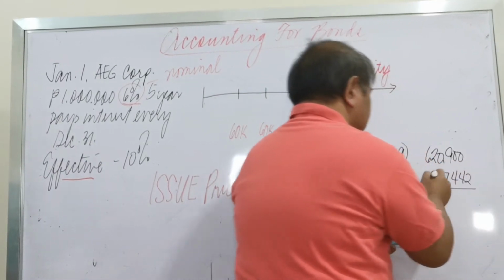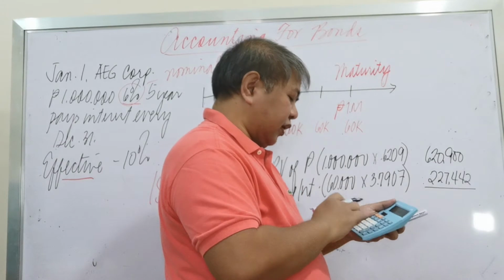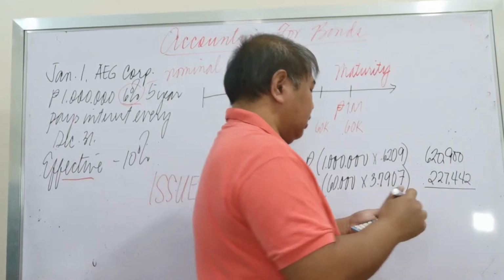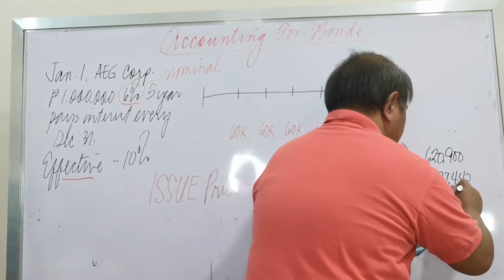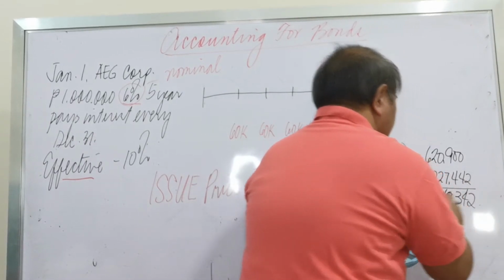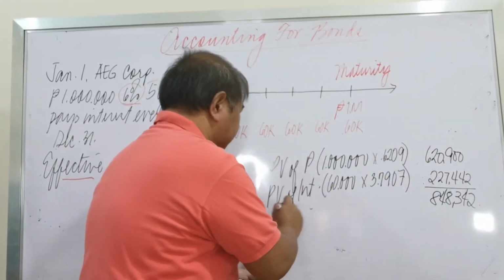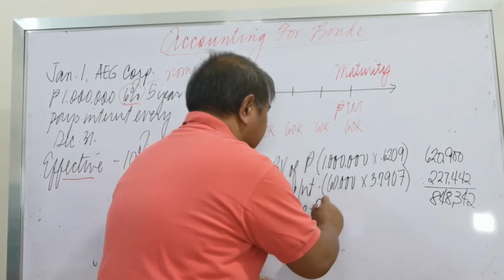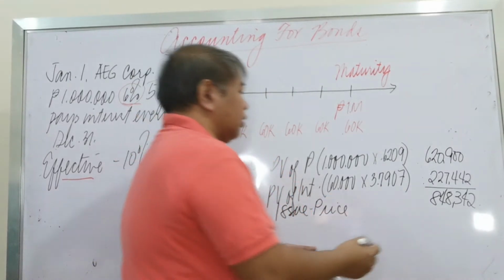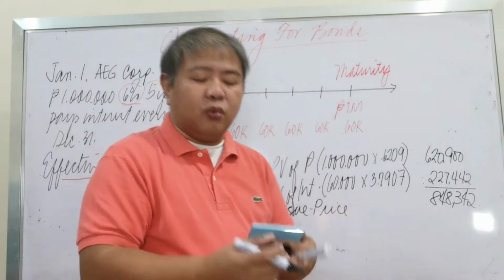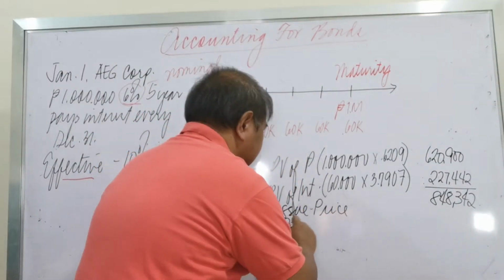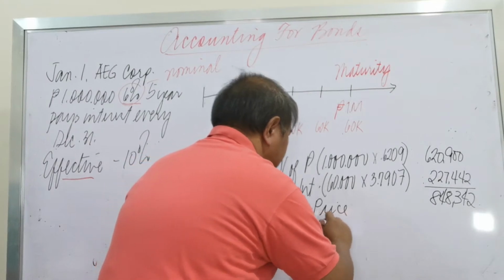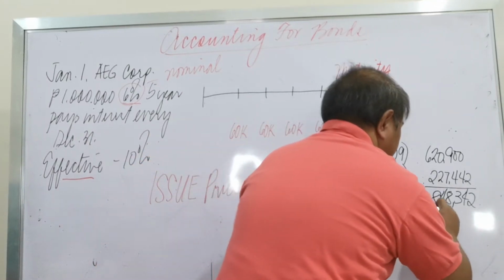So this is 227,442. So therefore, plus 620,900. So this is 848,342. So this is now the issue price of the bond. Now, what can you say about this one? So therefore, the issue price of the bond is lower than the principal amount of the bond because the principal amount is 1 million.